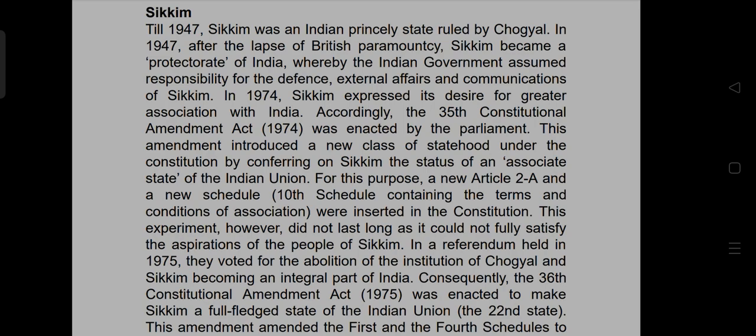For this purpose, a new Article 2A and a new schedule, the 10th schedule, containing the terms and conditions for the association, were inserted in the Constitution.